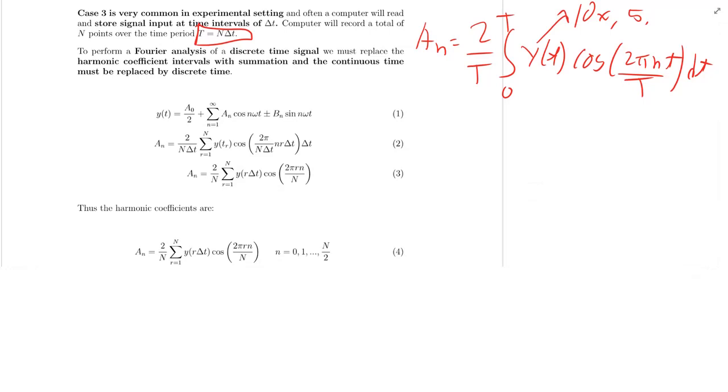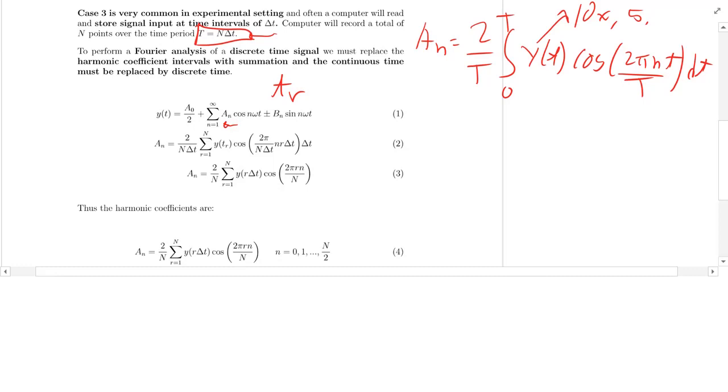We already know that T we're going to rewrite as N delta t. Time, we're going to grab at specific time intervals. So time at any given integer value r: instead of summing over little n, our harmonic coefficients, we're going to introduce this new parameter r.